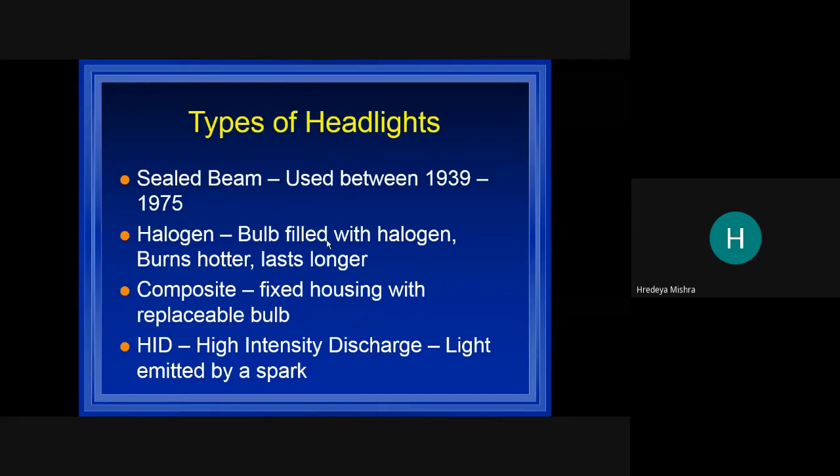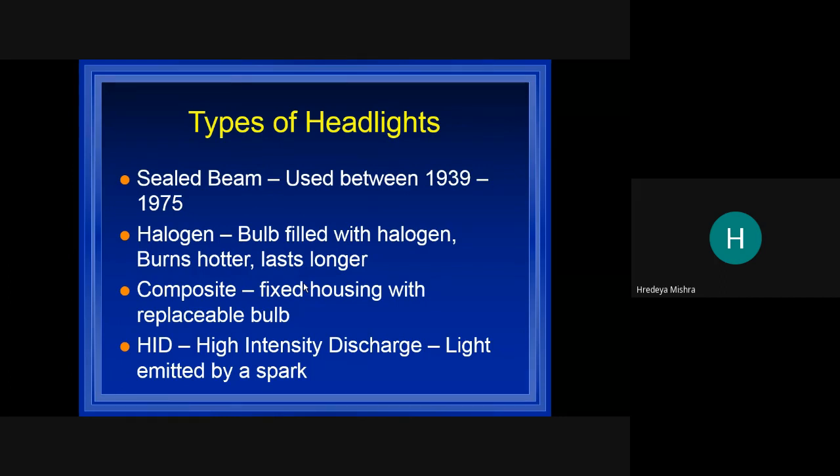If there is any difficulty and the headlight is not glowing, then we have to change the whole system. But here in composite, we can just replace the bulb, and we utilize the new bulb for fixing the blown bulb.